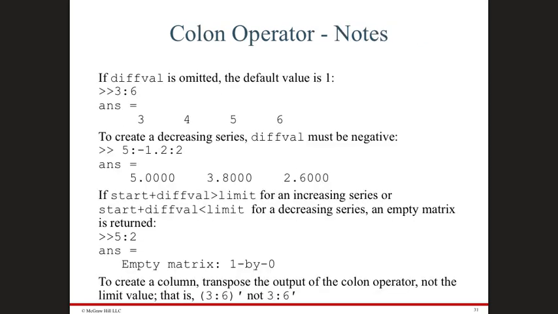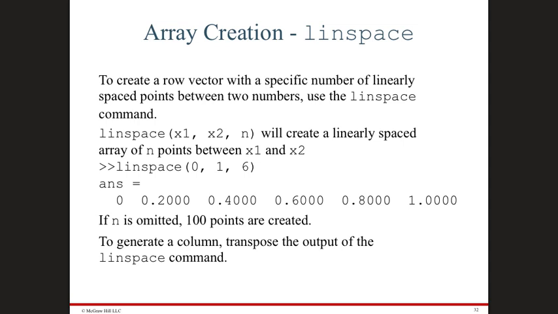We also use the colon operator to retrieve a vector from the matrix. Now this shows different examples of using the colon operator. It's not written here, but I wanted to show you, for example, if we go to that matrix C, which was 1, 2, 3, 4, 5, 6, 7, 8, 9, and I say C of 1 and colon, this means I'm taking the first row and then all the columns across that row.